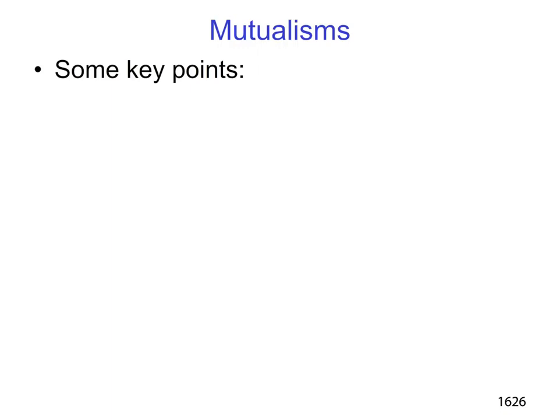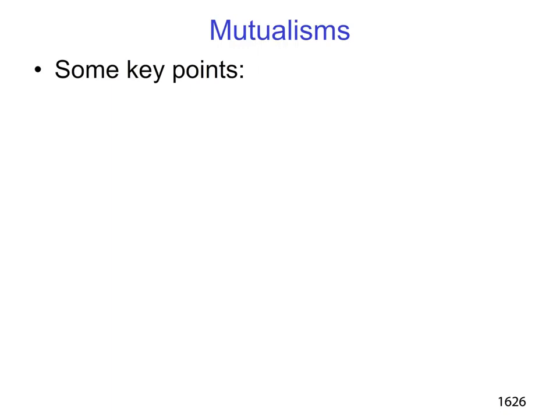So when it comes to mutualism, number one, you need to show that both players benefit. Okay, so a common mistake that some people make is to show that one player benefits without considering the impact on the other species. To truly be a mutualism, it has to be a win-win. Okay.